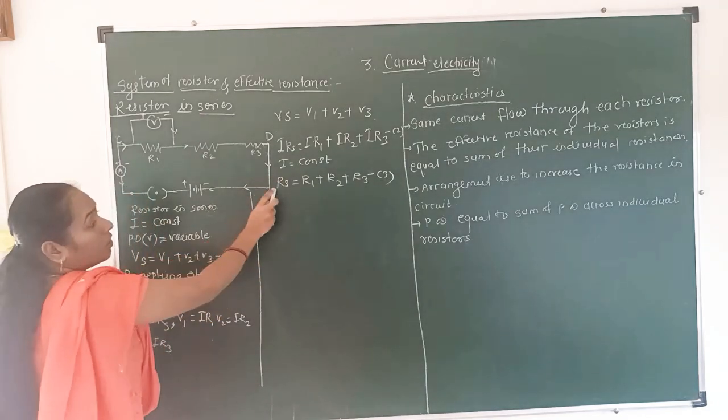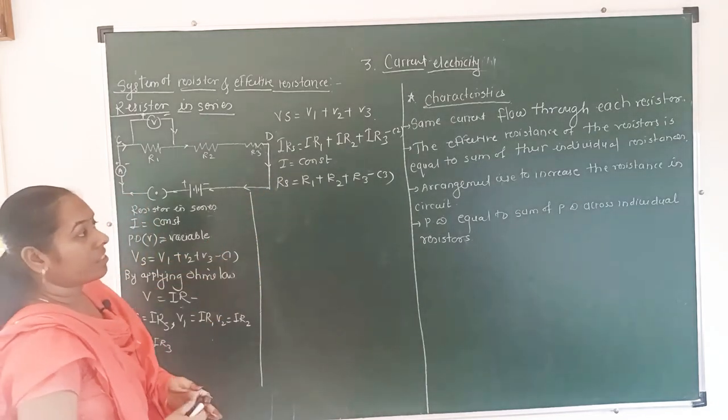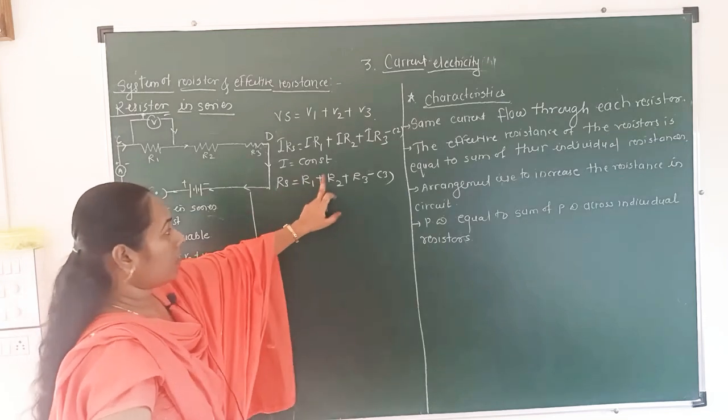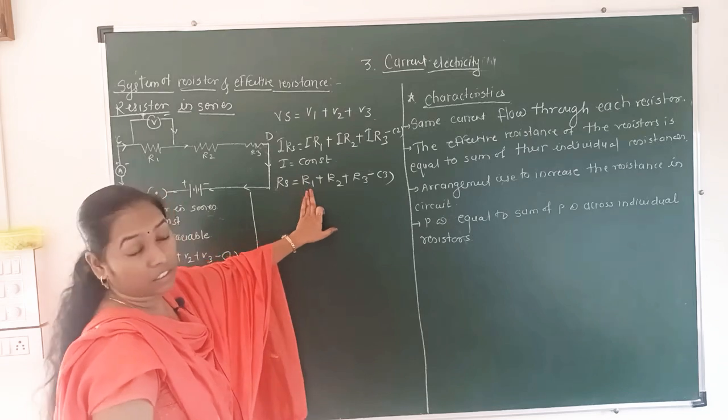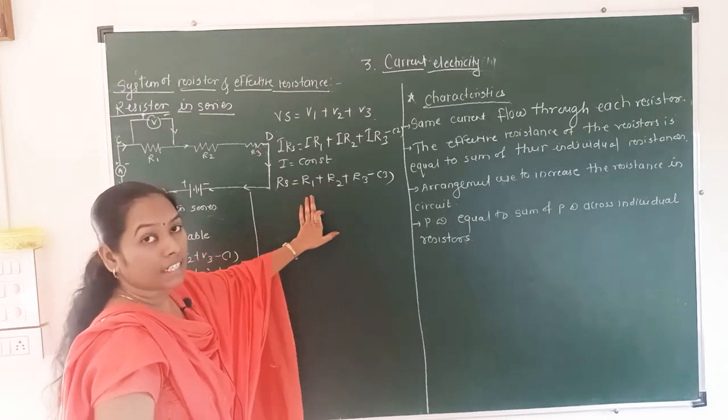The total or effective resistance of the resistors is equal to the sum of the different resistors.